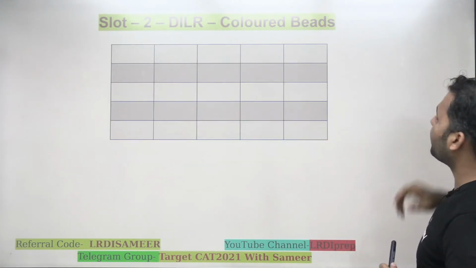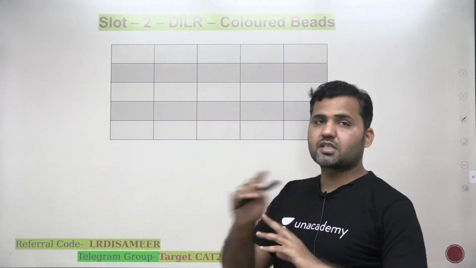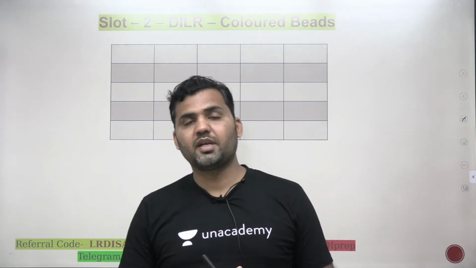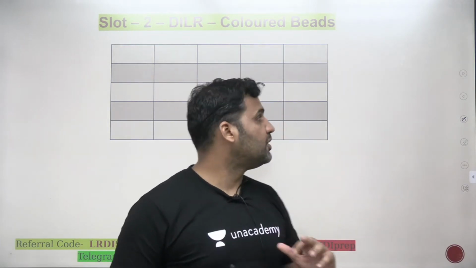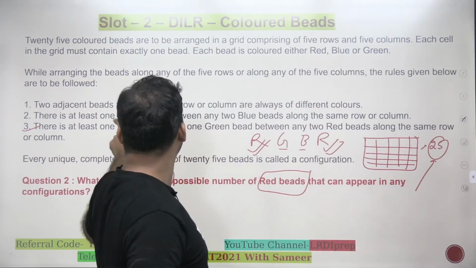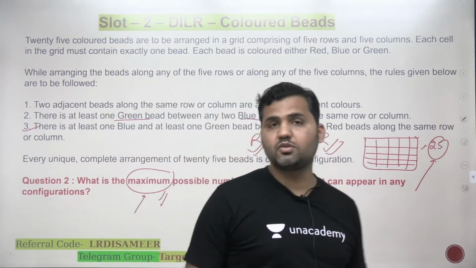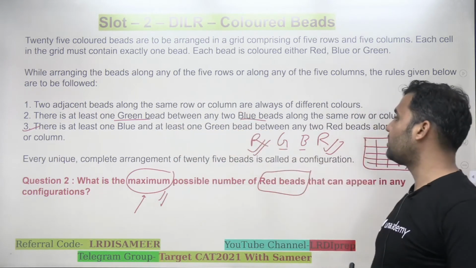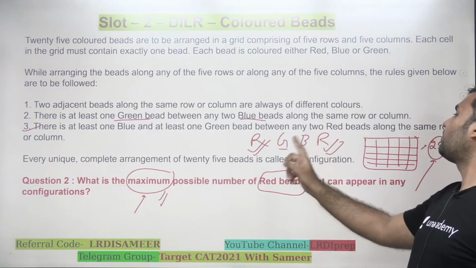Now, how will you do that? What are the conditions? 2 adjacent cells should not have the same colored bead. The second condition is at least 1 green between any 2 blue beads, and between any 2 red, 1 green and 1 blue.